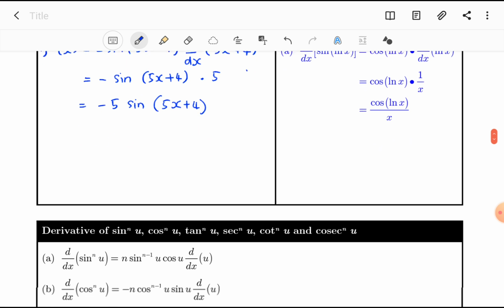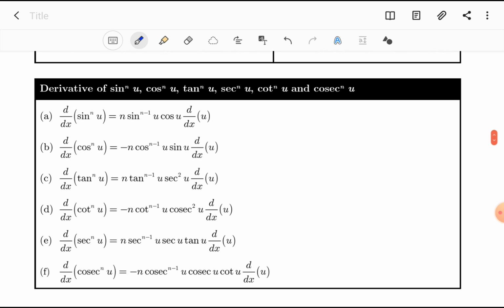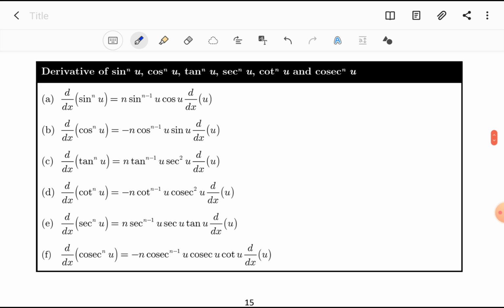Next, derivative of sine u power of n, cos u power of n, and then tangent u power of n, and so on. For this case, we need to use the general power rule, which is we bring down the power, so we will have n.